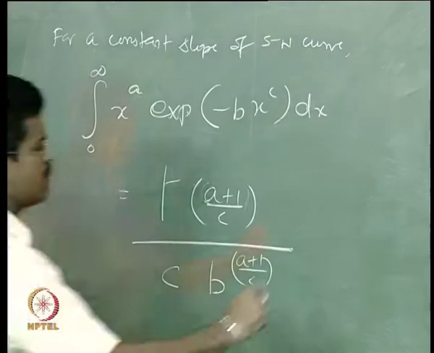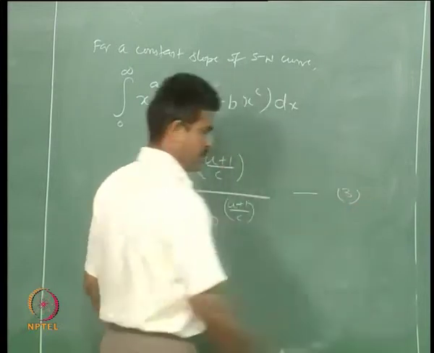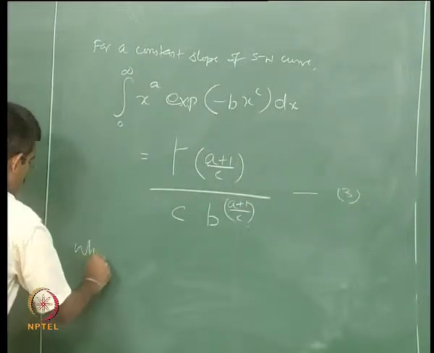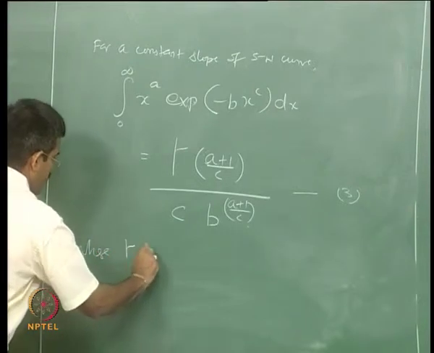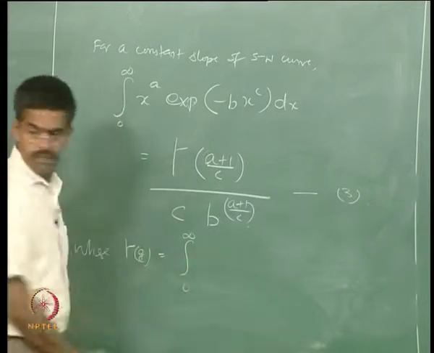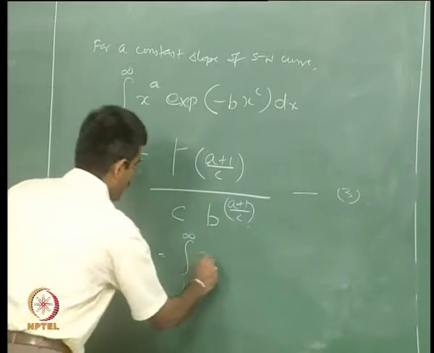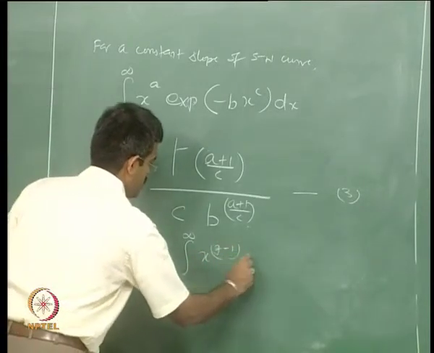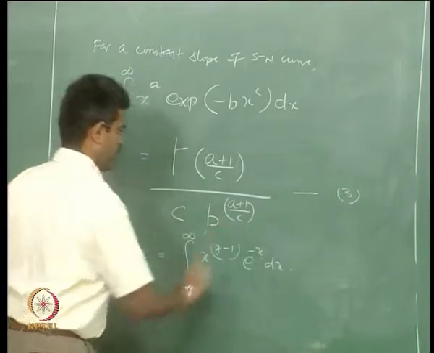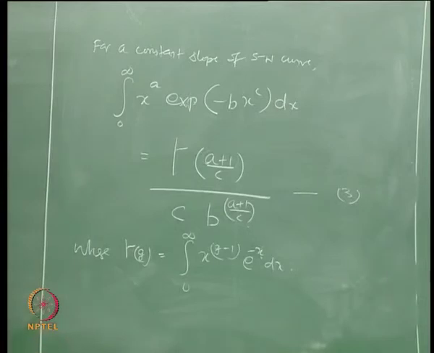I call this equation number 4, where we already know that the gamma function of any value g is given by the integral from 0 to infinity of x to the power (g minus 1) e to the power minus x dx. This is the standard equation for evaluating the gamma function.